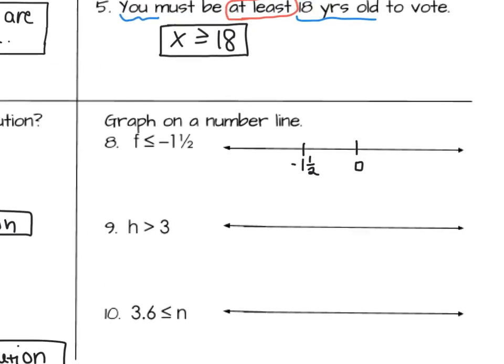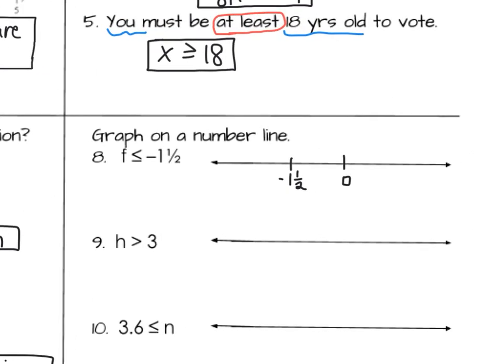So here we're going to have a closed circle on negative 1.5. All right, so I'm going to just use my red pen. Negative 1.5, closed circle. And I want you to draw it right on the number line. Do not draw it above. Don't do one of these. It's not up in the air. I want to see it right on that number line.